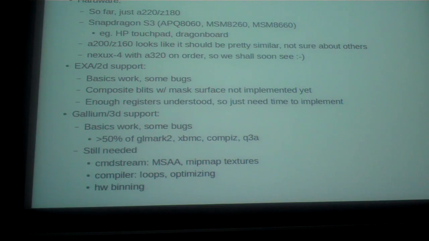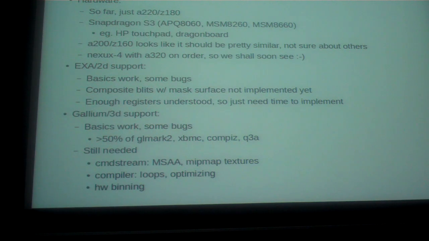Okay, so status. Up till now, I've mainly been concentrating on what's basically a Snapdragon S3. It's the A220 and Z180, and that's because that's what I have hardware for. I will very soon have a Nexus 4 with an A320, so I'll start looking into different versions of the GPU and adding support for those pretty soon.